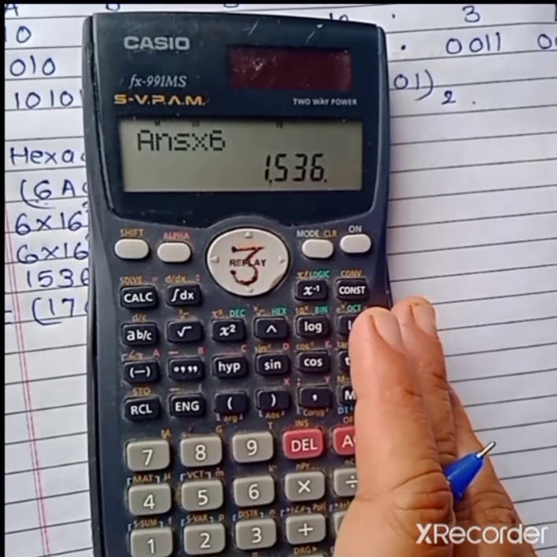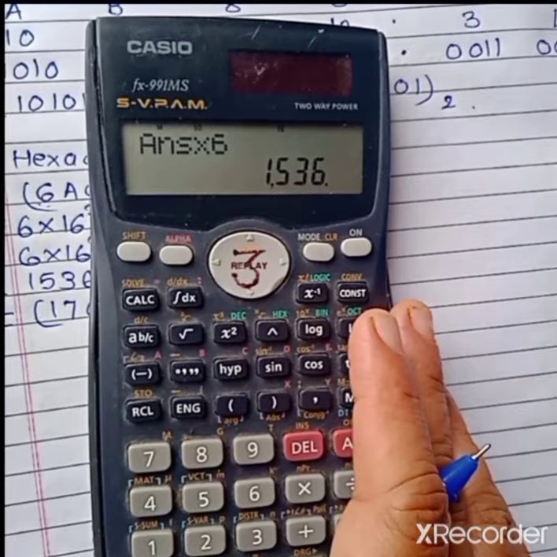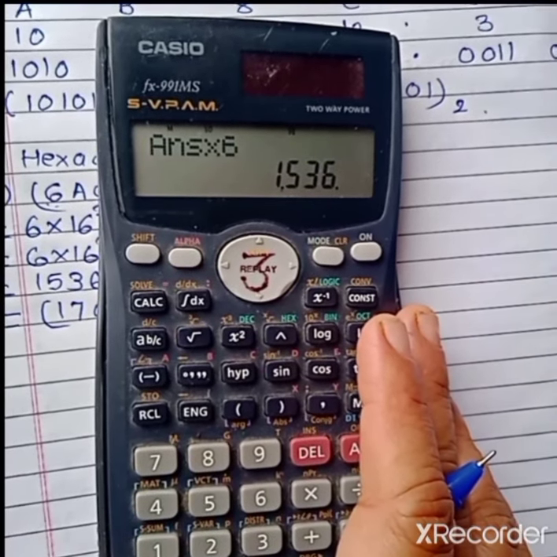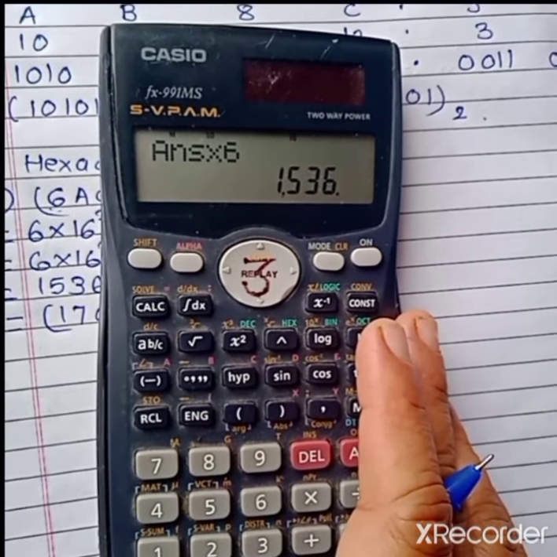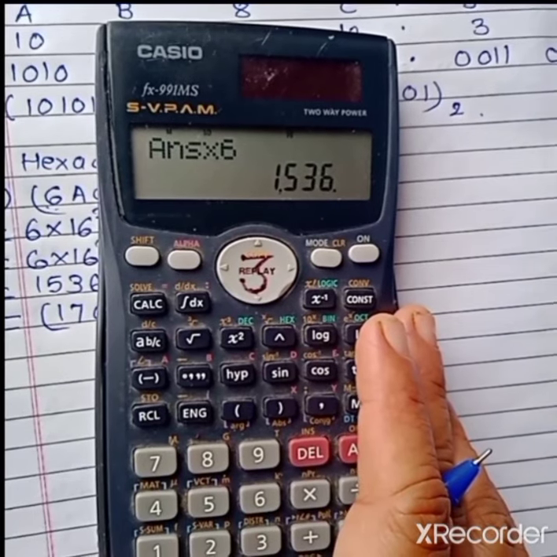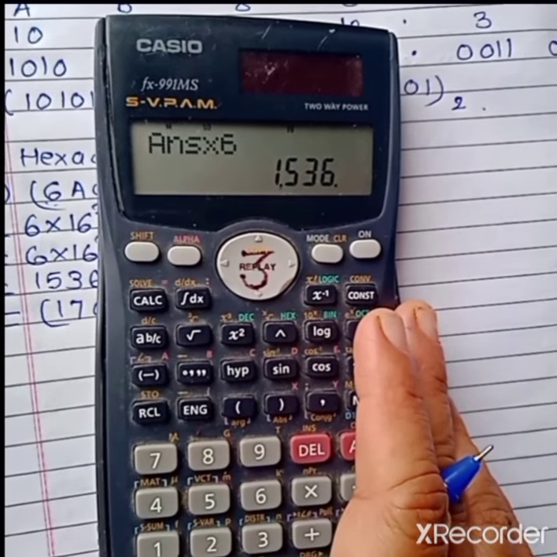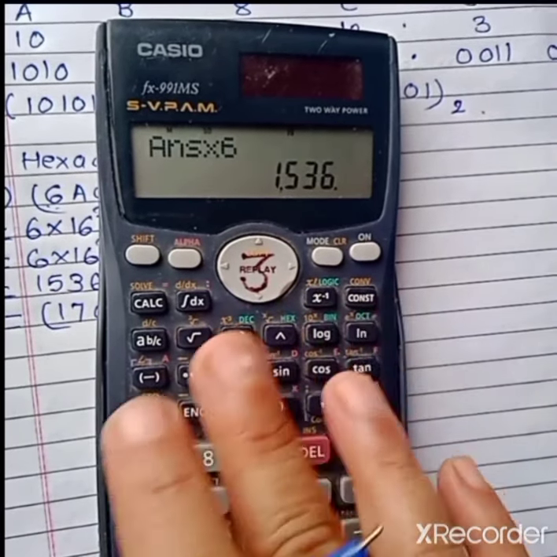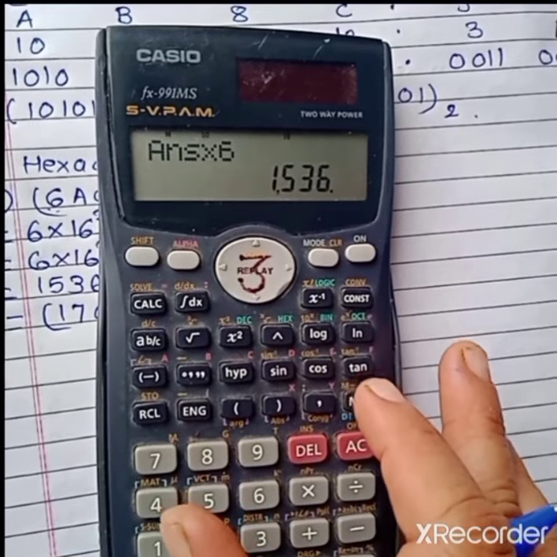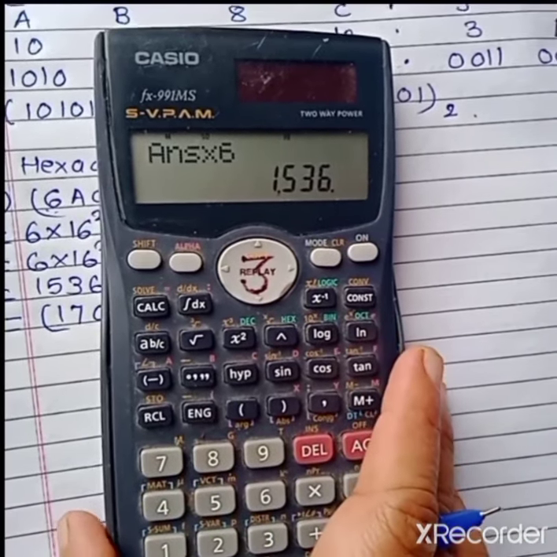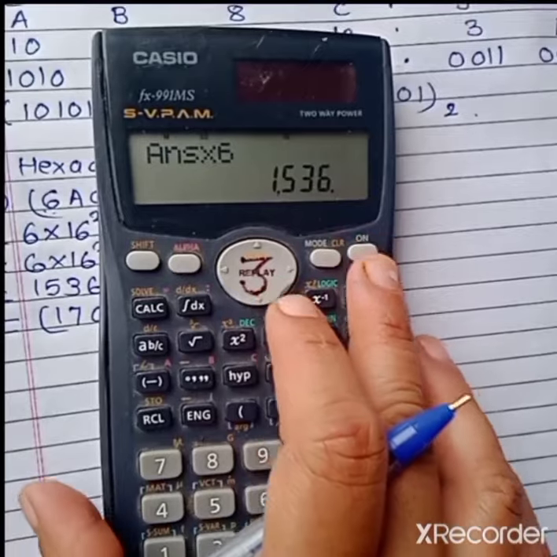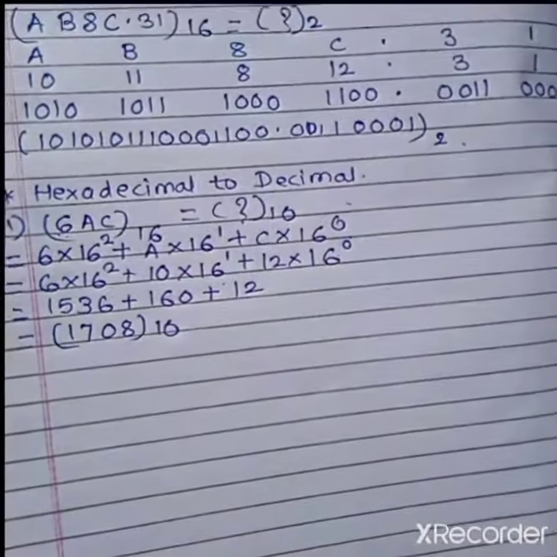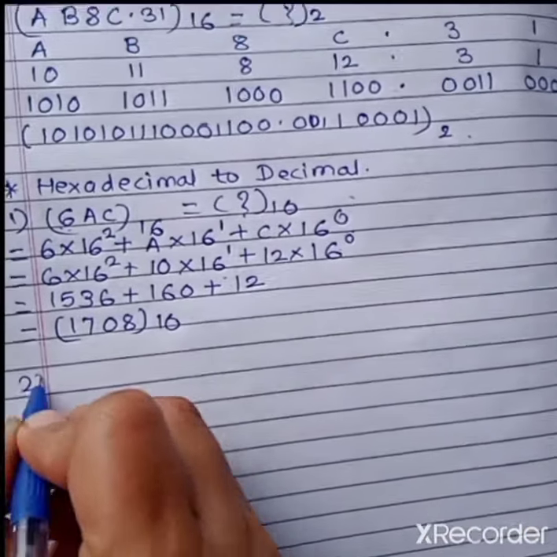But though a calci is available with you, you have to do all the calculations on paper only. You have to follow the rules and then only perform the calculation. This calci is just for checking or tallying your answer, right? So this is the calci. Then we'll see the next example.